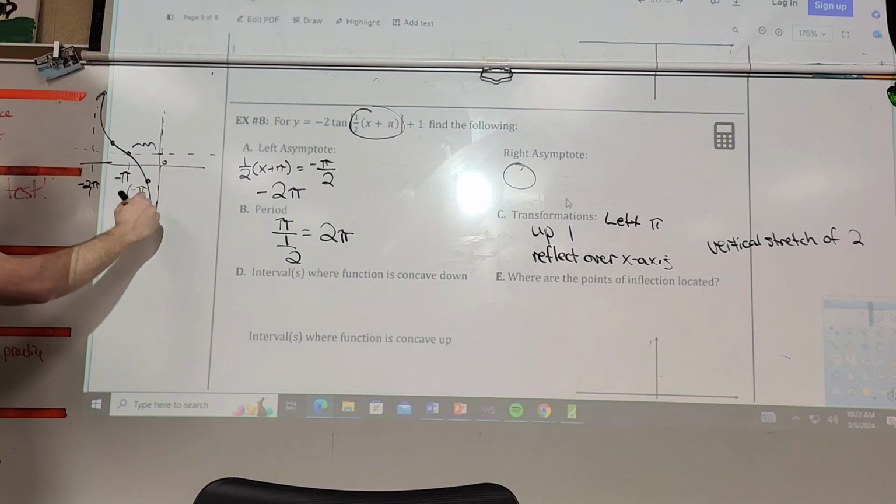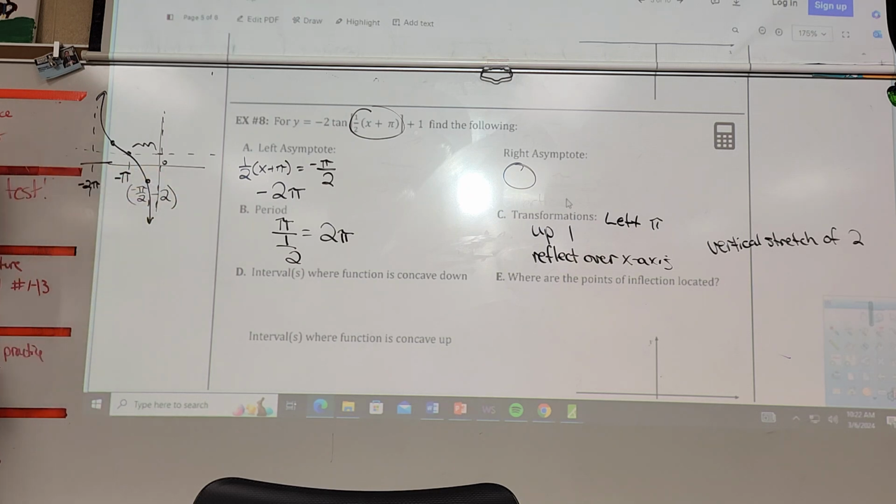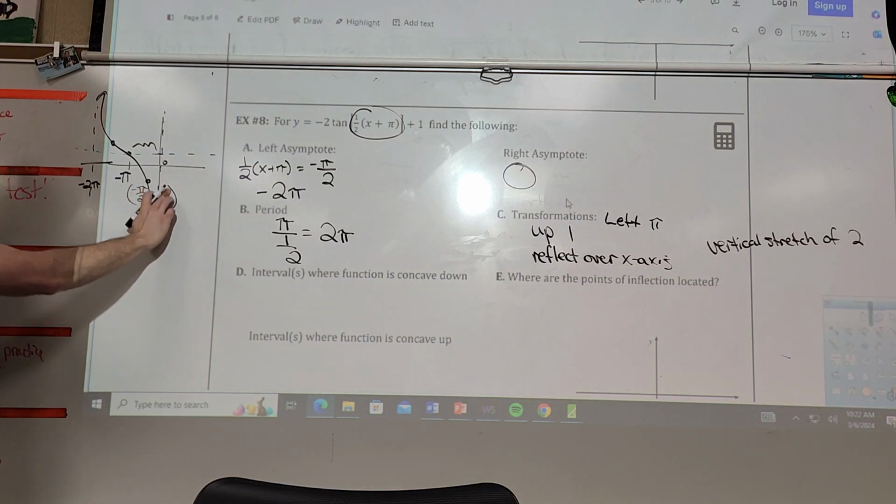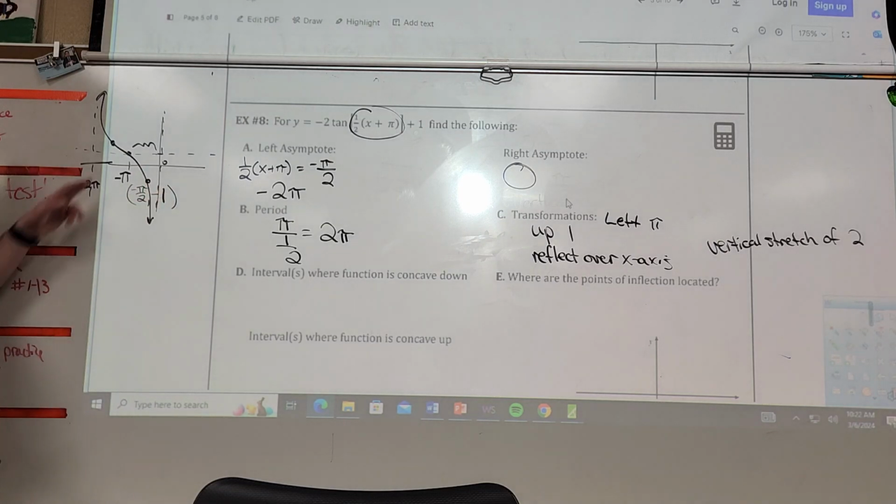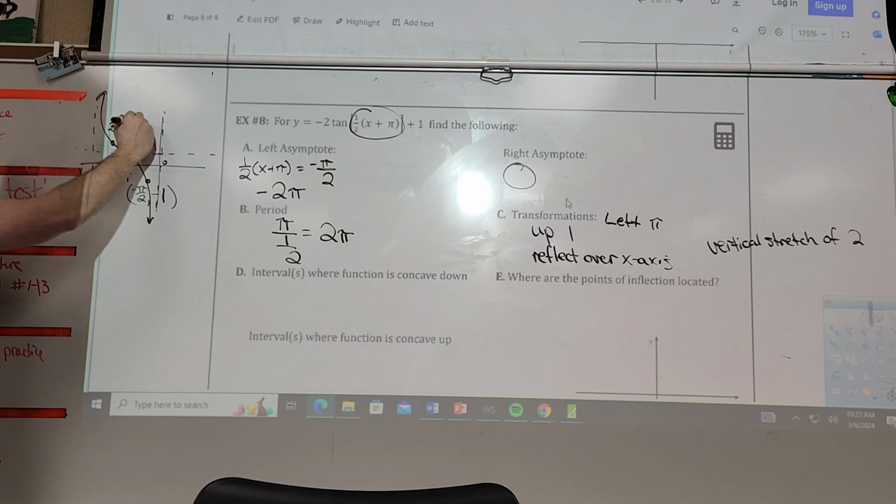What's my a on this one? 2. So my a is 2, so it's negative 2. Oh, yeah, thank you. Because I go down 2 from that point, it'd be negative 1. Thank you. And then I'd go up 2 from that, so it'd be 3 pi over 2, positive 3. Good catch, good catch.